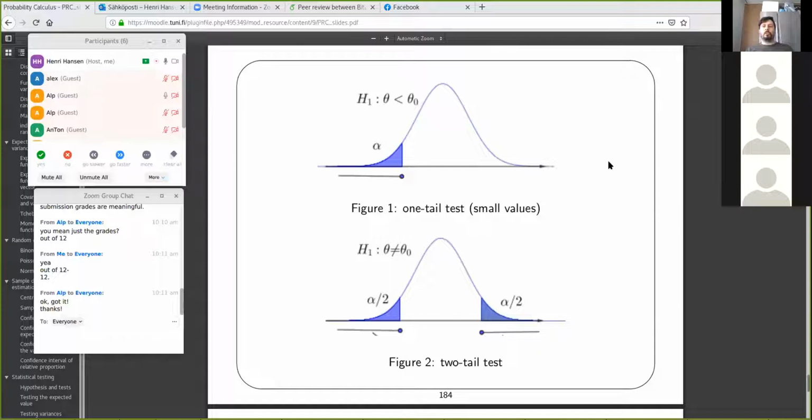These would usually be predetermined. Remember that one example where people measured how tall men are in a certain country, and so forth. Let's say you come up with a certain null hypothesis.